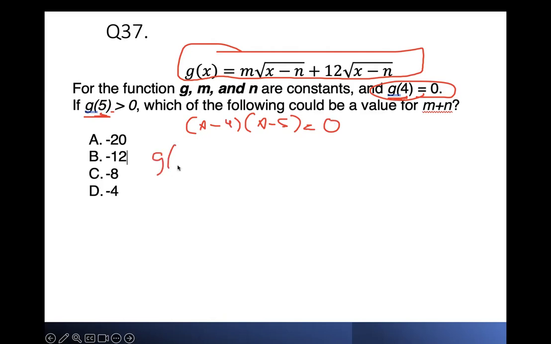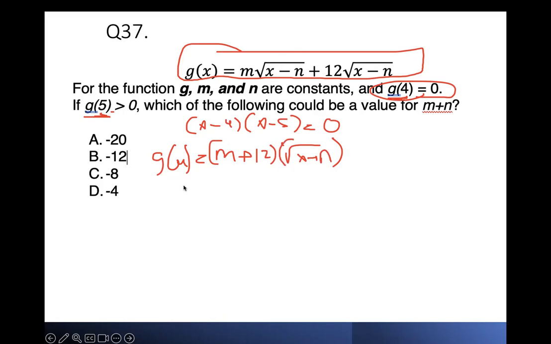What is the problem? g of 4. When x is 4, what are we going to do? We put it in this equation. Simplify this. Don't expand it. Because (x minus n) squared is common, this is going to be m plus 12, bracket close, and then this guy, x minus n.